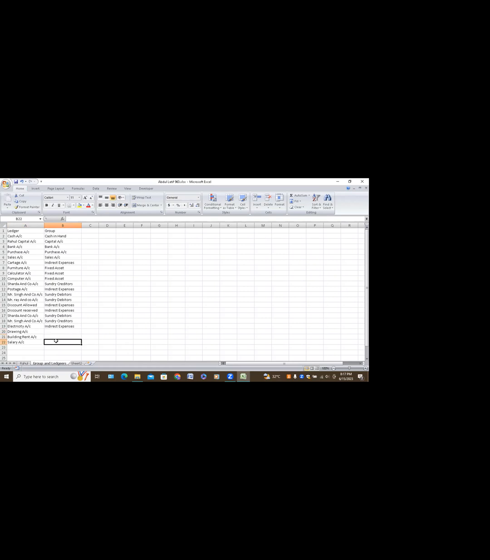Salary account, you're paying a salary, so it is indirect expenses. When you're paying something, it is an expense. When you receive something, it is income. Don't get confused here. Abdul, finish it off, the last three expenses: drawing account, salary account.